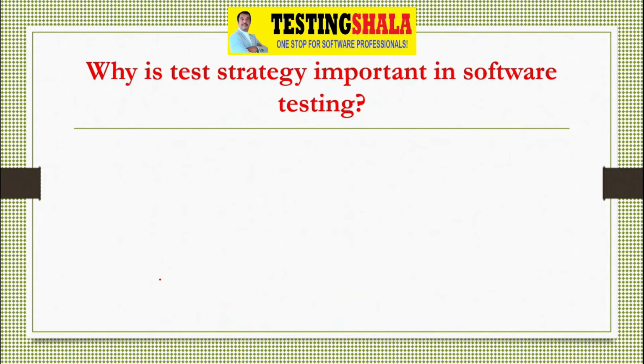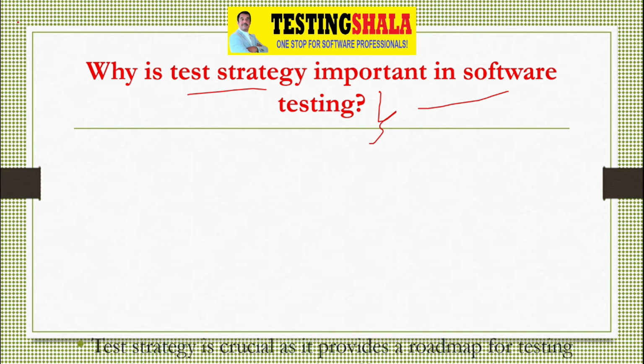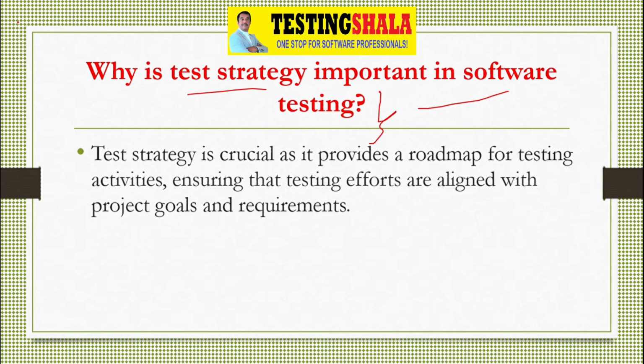Next question is, why is test strategy very important in software testing? Can we still do the software testing work without writing any testing strategy? The testing strategy is very crucial, because it is like going from one place to another without having any roadmap. If there is no proper roadmap, we don't know where to go, and then definitely we will fail in meeting our end goal.